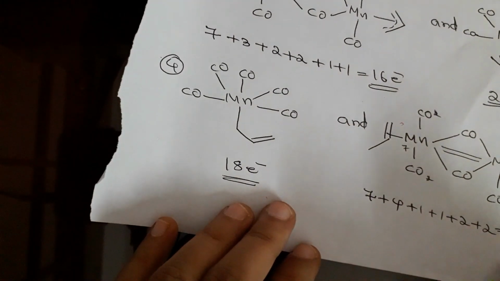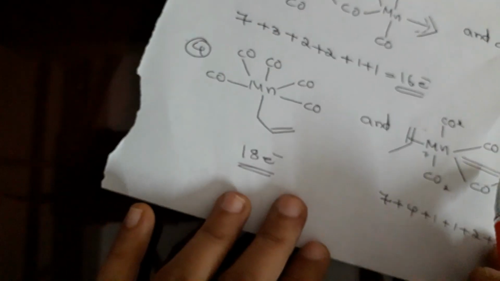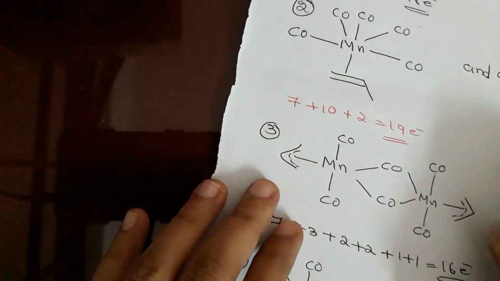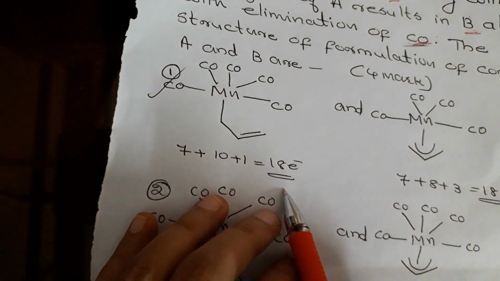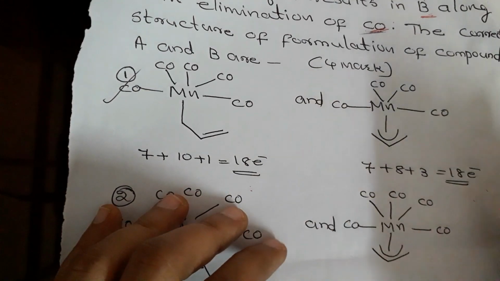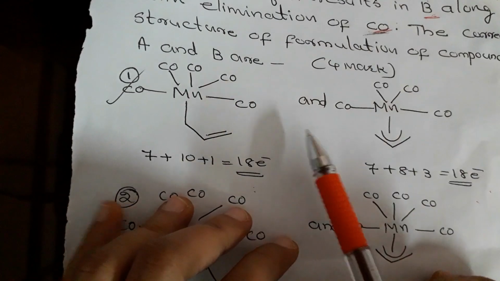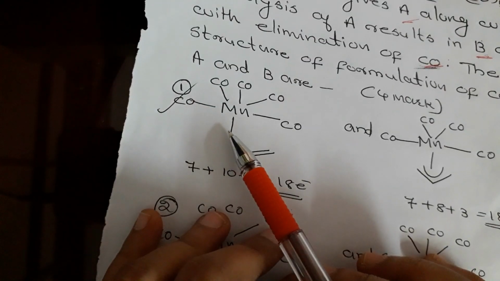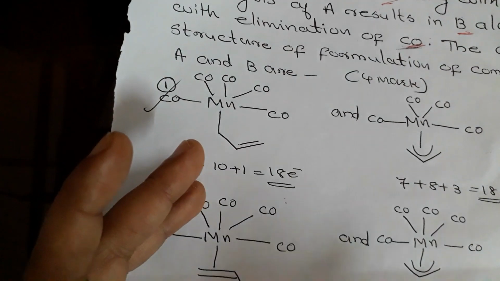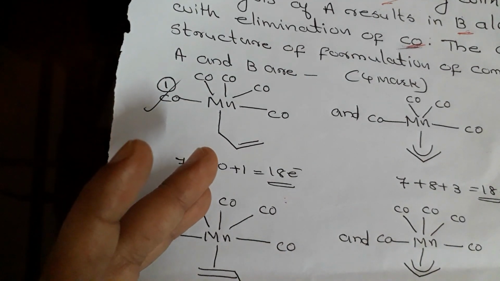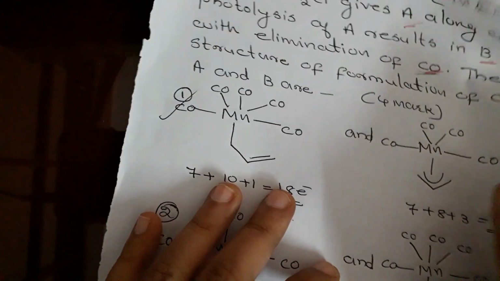Here also 17 electron. So the first option, this is 18 electron, this is also 18 electron. I think that which obeys 18 electron is a stable compound. So the correct answer is the first option. So those two obey 18 electron, the others do not: one 19 and 20 electron, the next 16 and 20 electron, the next 18 and 17 electron. So both obey 18 electron, that is the correct answer.